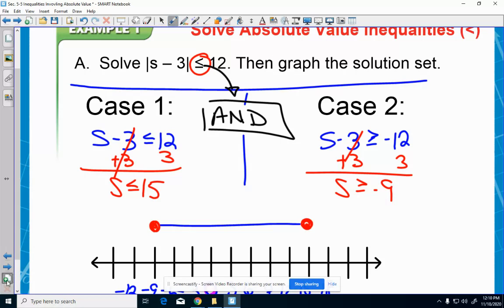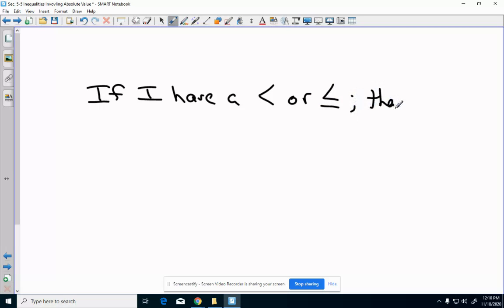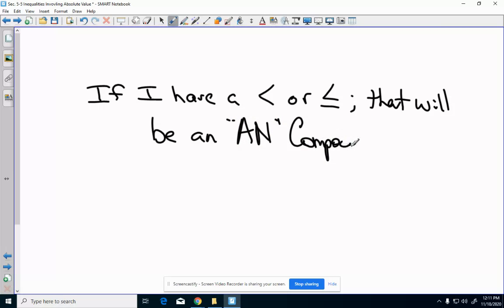So maybe somewhere off to the side, we ought to state that. If I have a less than or a less than or equal to, that will be an and compound inequality.